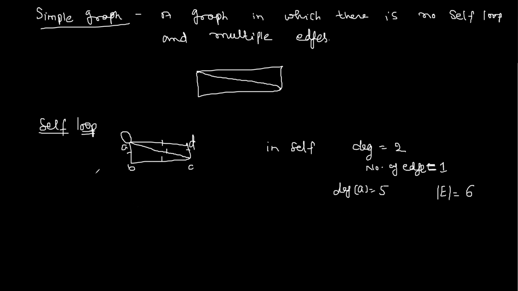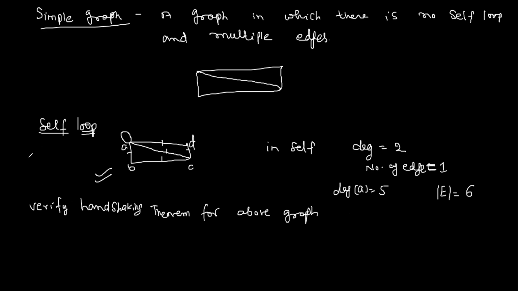If I ask you to verify the Handshaking theorem for the above graph, take the summation of degree of all vertices. What is the degree of A?